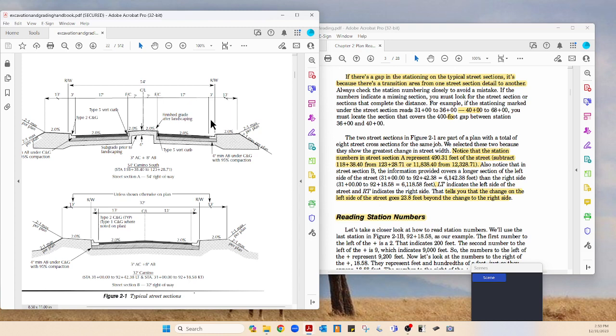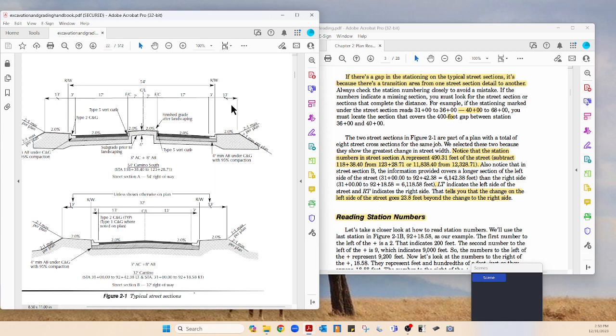So I've got to allow 3 foot in this location for a curve. So my asphalt is going to run across here 17 feet, and then I got to add another 3 feet.